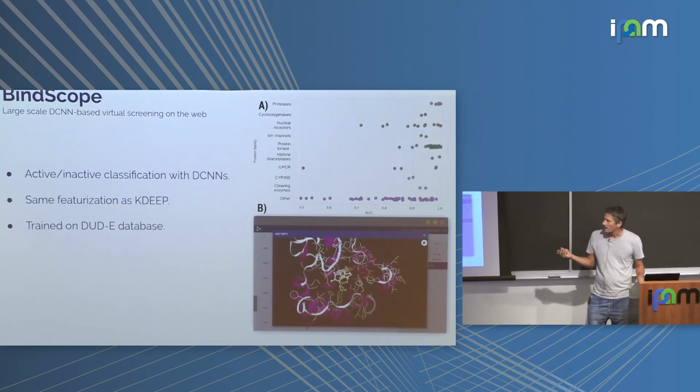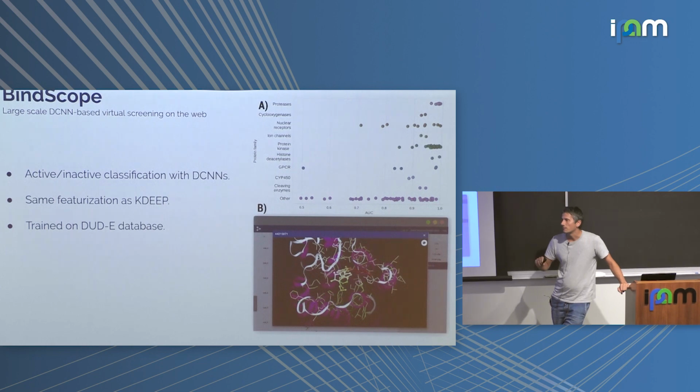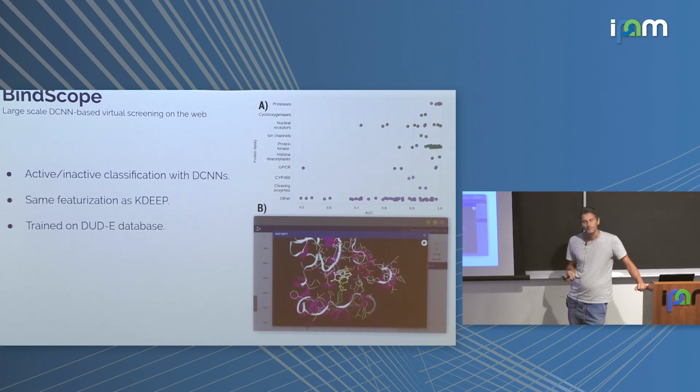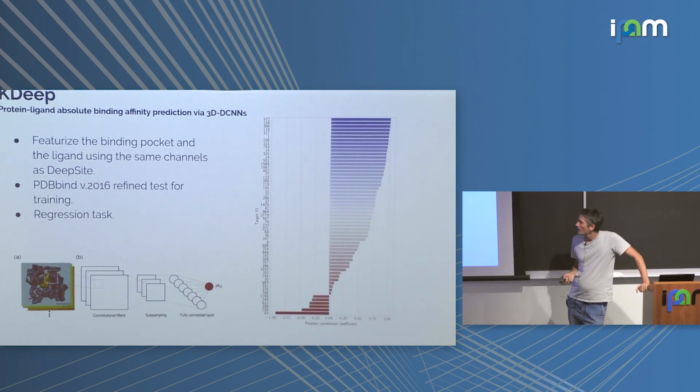BindScope is the same kind of thing. We take PDBbind, which is a database, and we are all structure based because we weren't really looking to do QSAR. We really weren't looking to do a drug discovery thing.